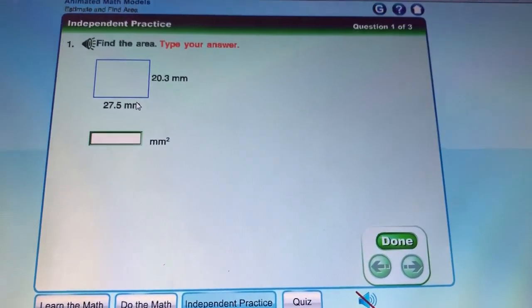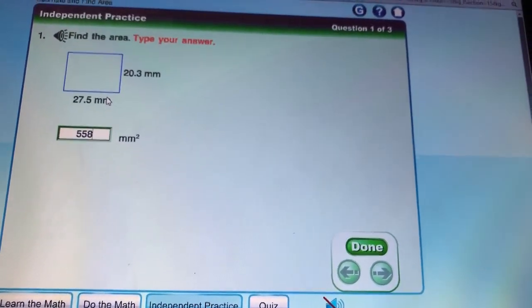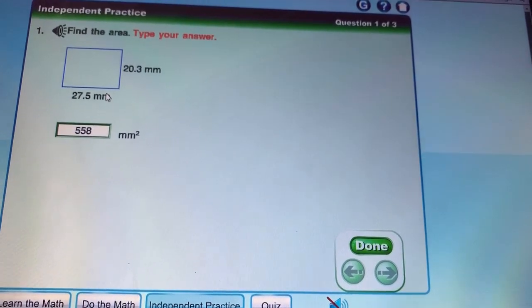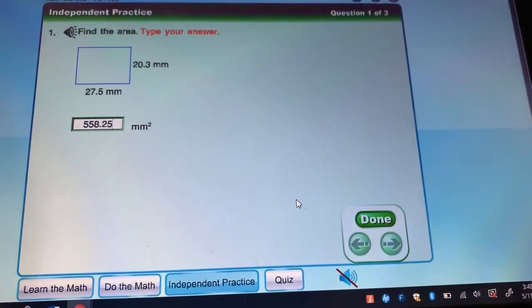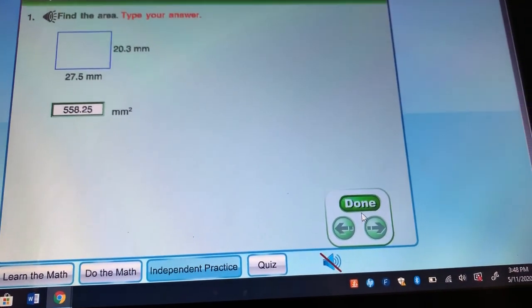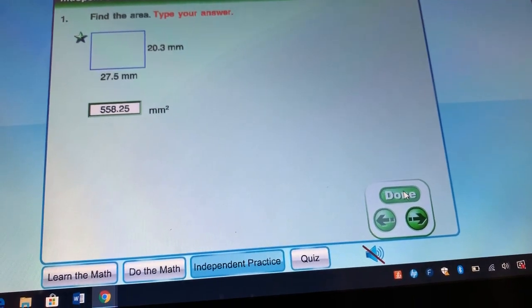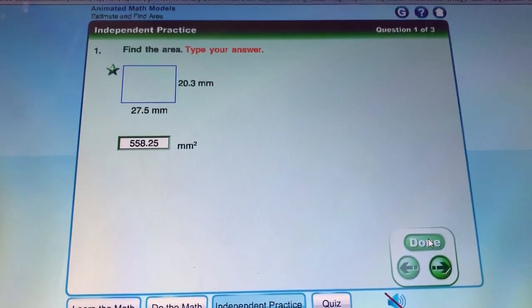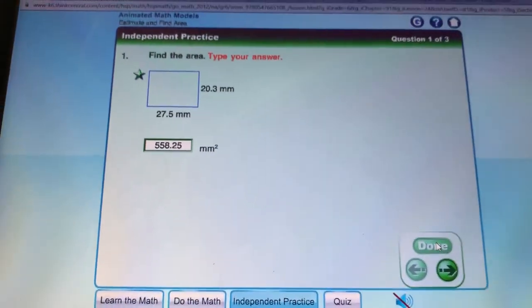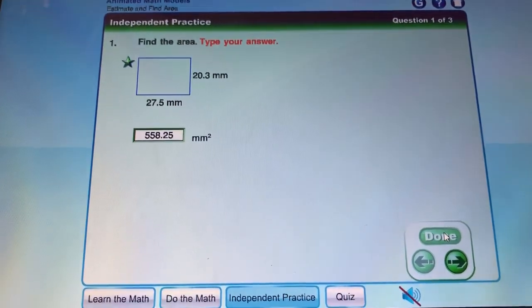And we'll put it here. 558.25, and that's millimeters square. Okay? And that's it. Let's see if we got it correctly. Yes, we did, because we have the little green star at the top. Okay, so that's how you find area for rectangles and triangles.